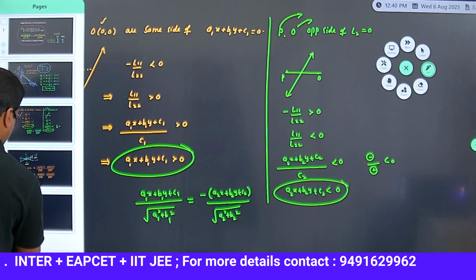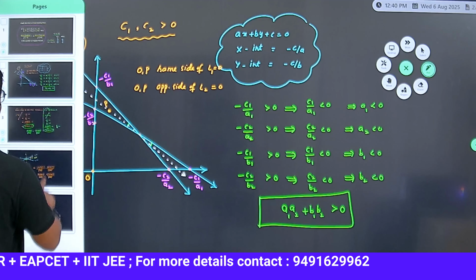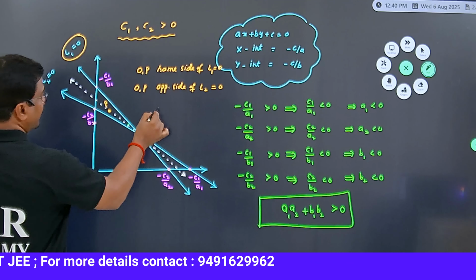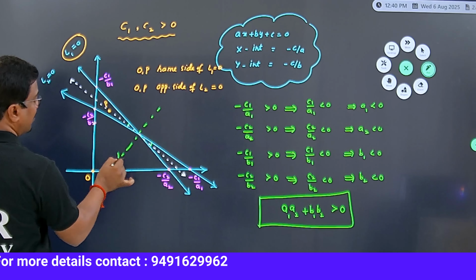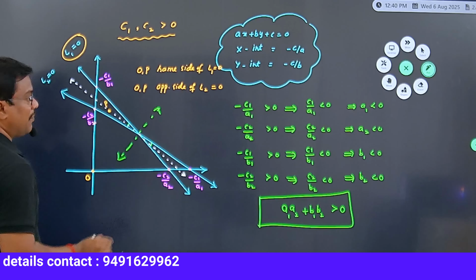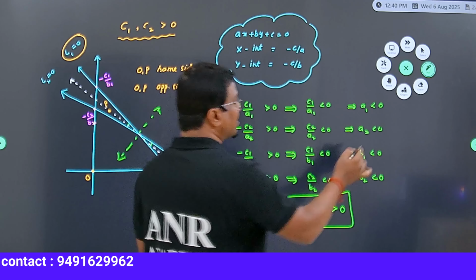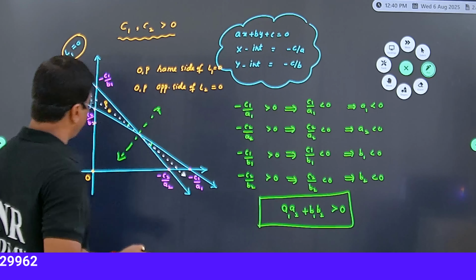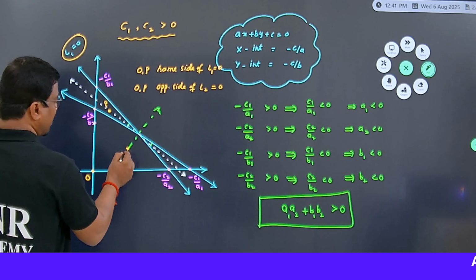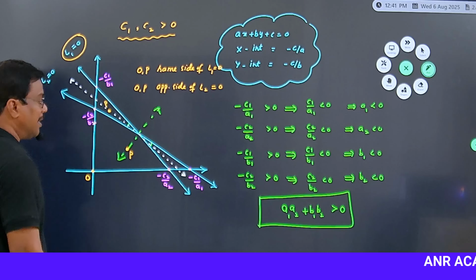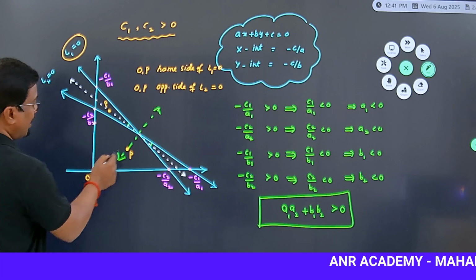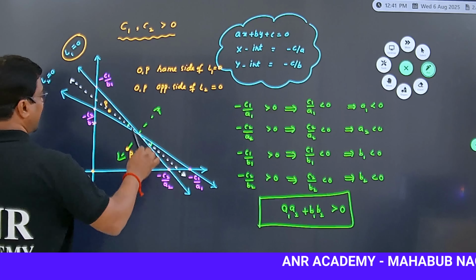And in the same way, to get the obtuse angular bisector, see, this is the acute angular bisector. If you select a general point on this, what happens? Observe. Suppose you select point P here. In this case, in both cases, O and P are on the same side of L1 and L2.